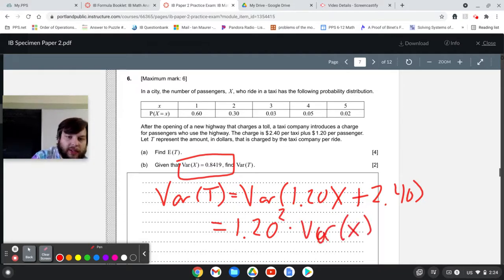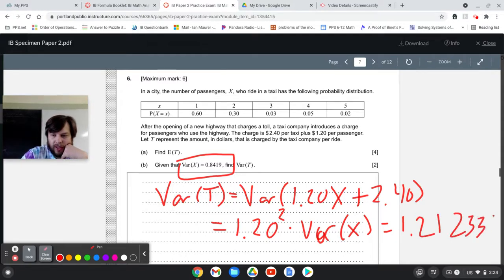And the variance of x is that number, 0.8419. So I just type in 1.20 squared times 0.8419, and I get 1.21236.